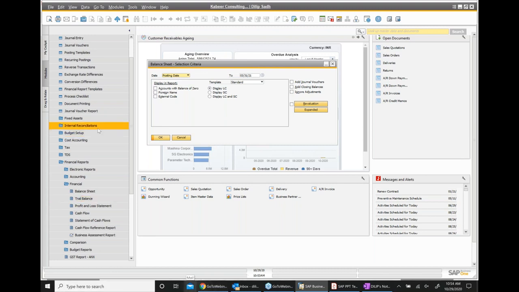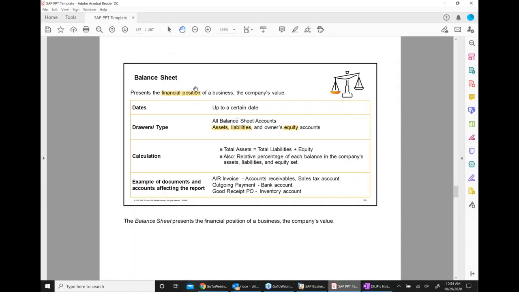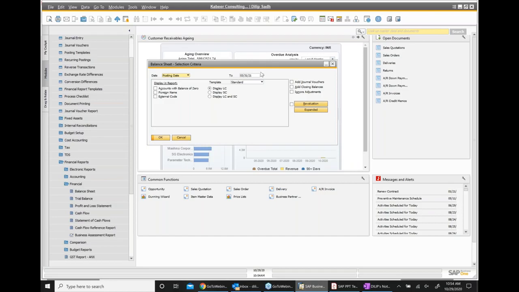Here we have the posting date, till this day. That is what we see here. So we have the balance sheet date, up to a certain date.